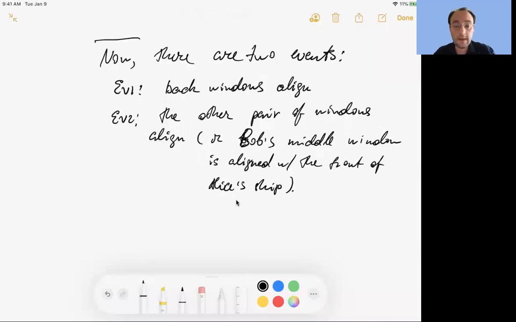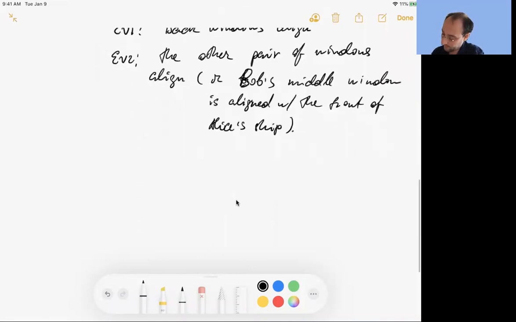So again, these events happen to be simultaneous in Bob's frame, but in Alice's frame, they're not. I'm just going to write E1 and E2.